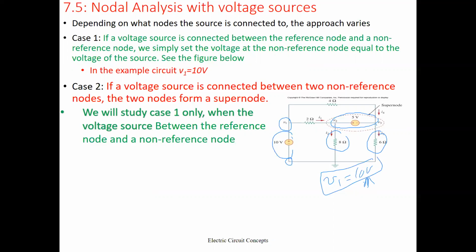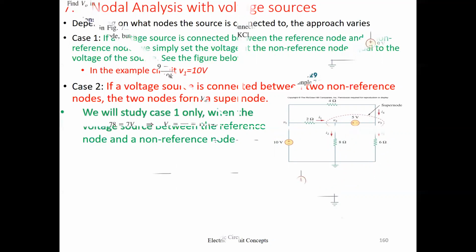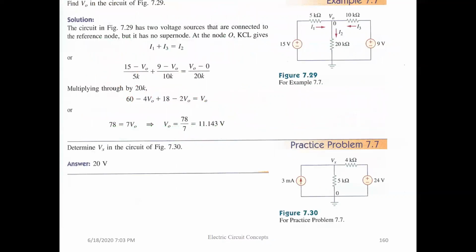But if it is here or here, that's not going to be good. That will be a little bit difficult and takes more steps, so we're not going to go over this one. We just go over case number 1, when the voltage source is located between a reference node and a non-reference node, which is very simple to apply.